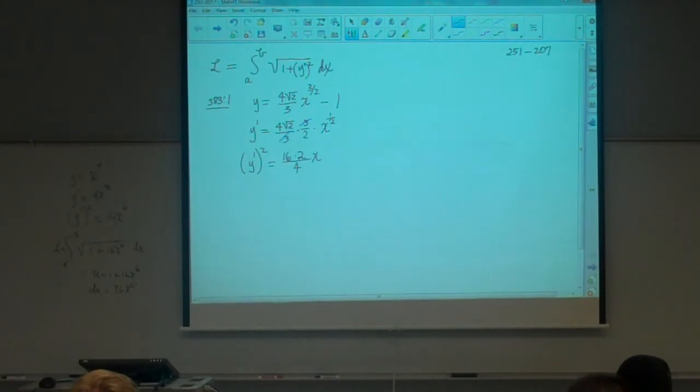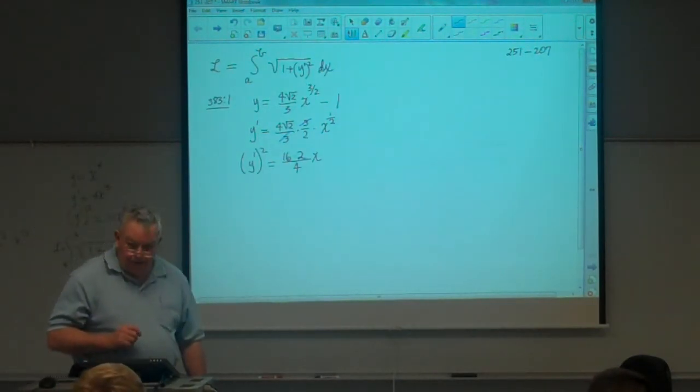Oh, x to the 1/2 squared is equal to x to the 1/2 times x to the 1/2, and what do you do with those exponents? And that's x to the 1, isn't it? I bear watching, so I appreciate those questions. Everybody okay with it? Okay.